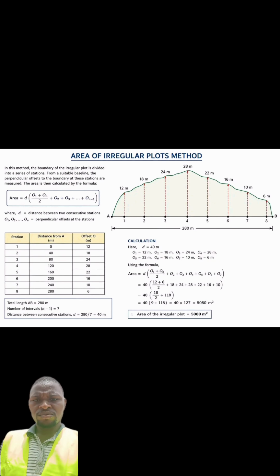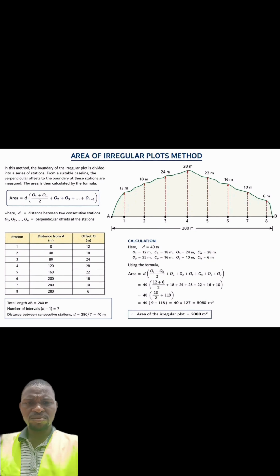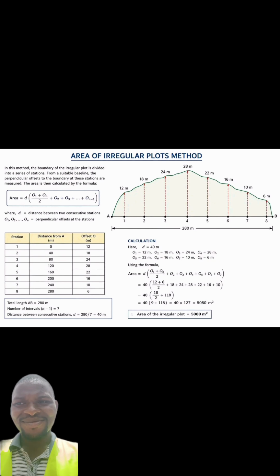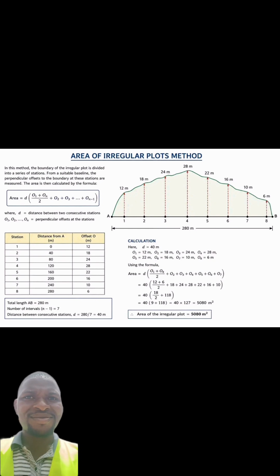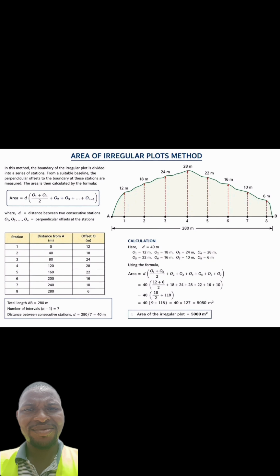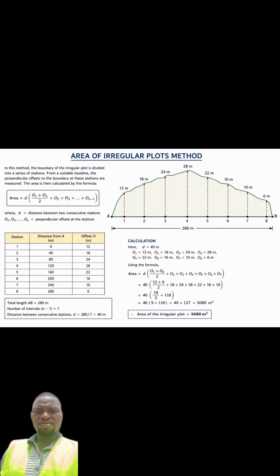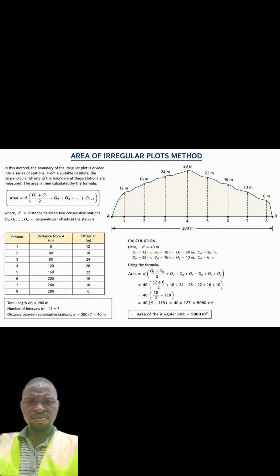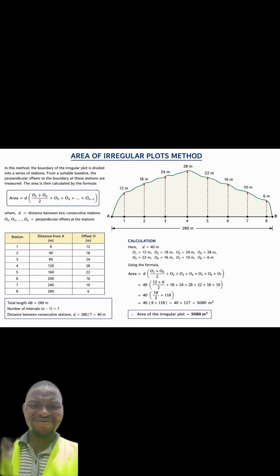For the offsets, we can see from the diagram that at station 1 the offset is 12 meters, then 18 meters, then 24, 28, 22, 16, 10, and 6. The total length AB is equal to 280 meters.